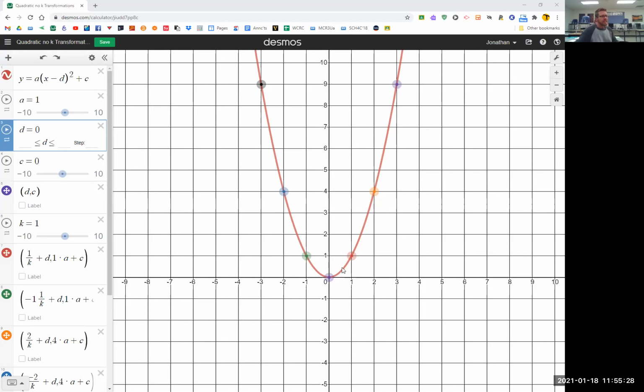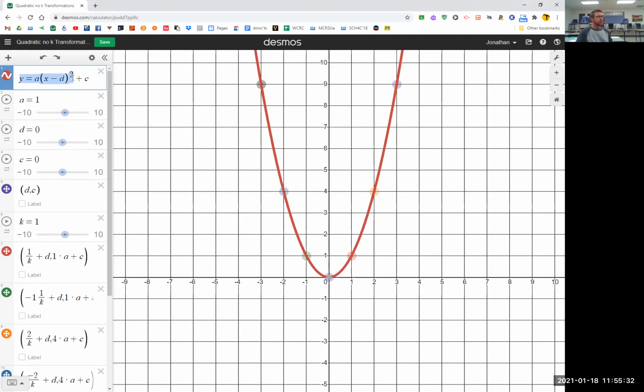And you'll notice as well that up here I've got kind of a generic written out vertex form, at least is the way we learned it in grade 10, with an A value. Now, there's a D here and a C here. Last year, we technically learned that they were called H and K. Different textbooks, different courses name them different things. The most important part is where they are, right?